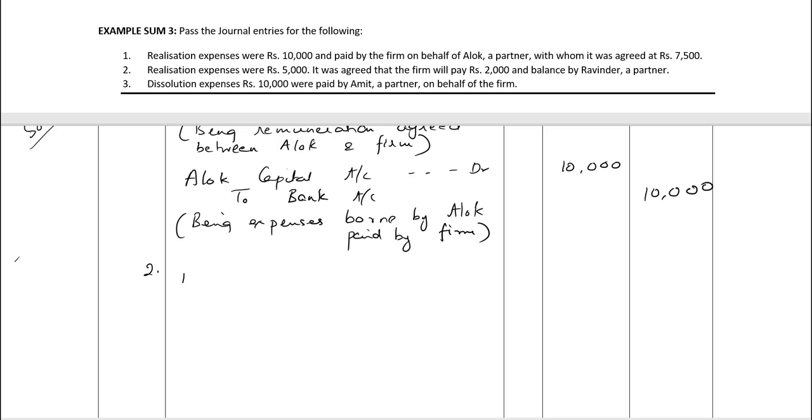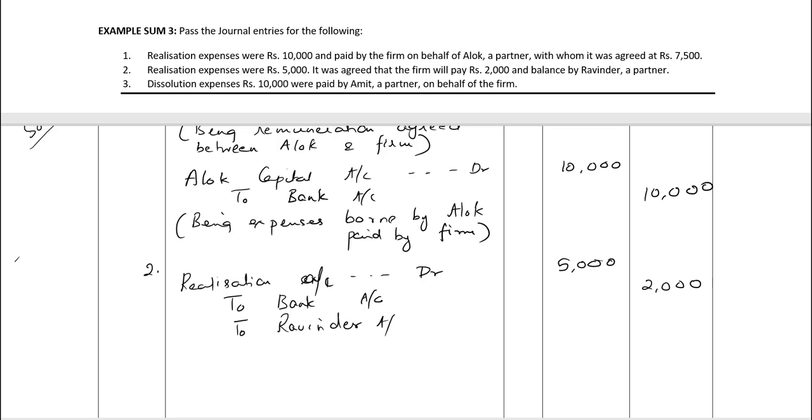So combined journal entry, realization account debit, total expense to be borne by the firm rupees 5,000, to bank account the amount which is actually paid by the firm rupees 2,000, and to Ravinder account expense which has been paid by Ravinder rupees 3,000.